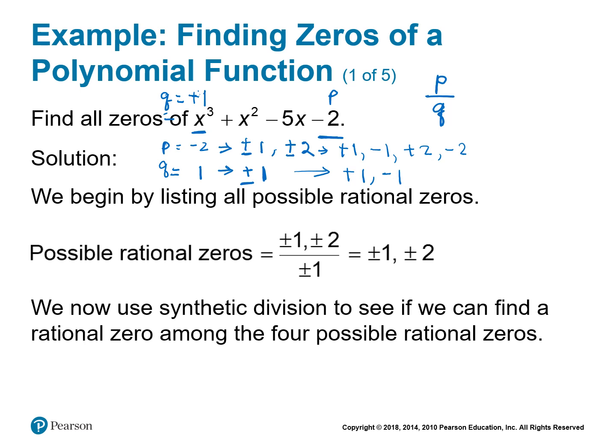And then we will come up with the factors when we simplify the signs and everything. We will have four values: plus 1, minus 1, plus 2, and minus 2. And those are going to be the list of possible rational zeros.